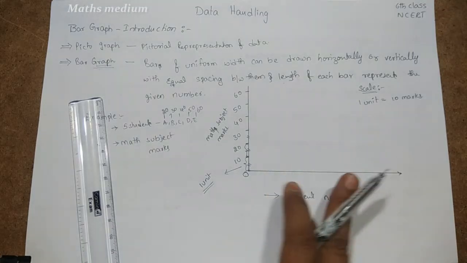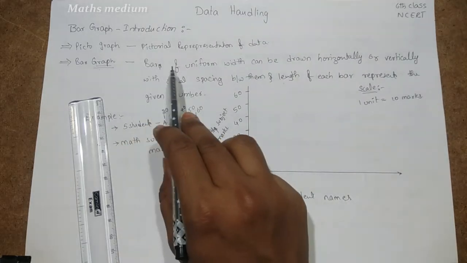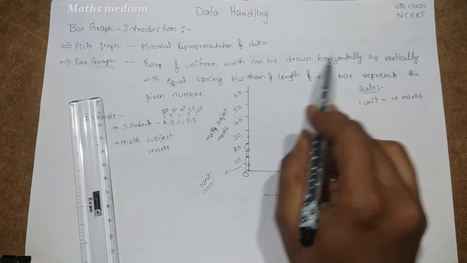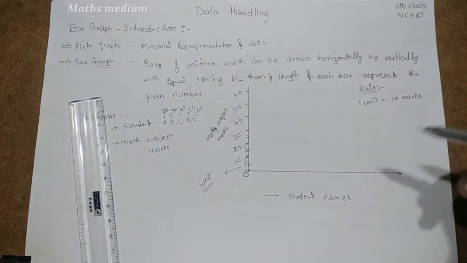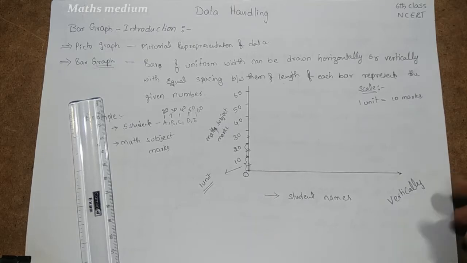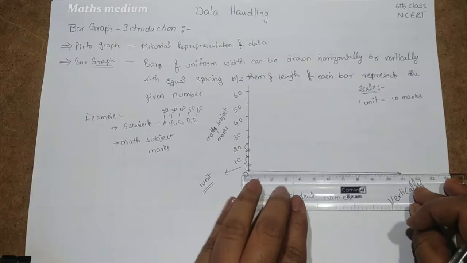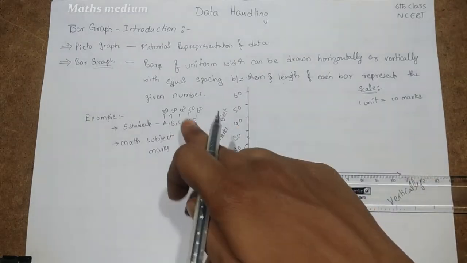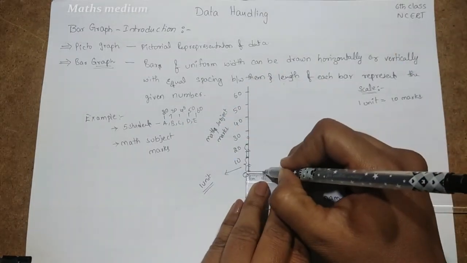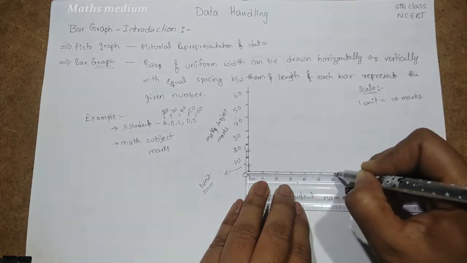Now, how are we going to take the spacing on this axis? Bars of uniform width can be drawn horizontally or vertically. I am writing here vertically. This is the case of vertical bars with equal spacing between them. So I am taking each of the 5 members with equally 1 centimeter of space.